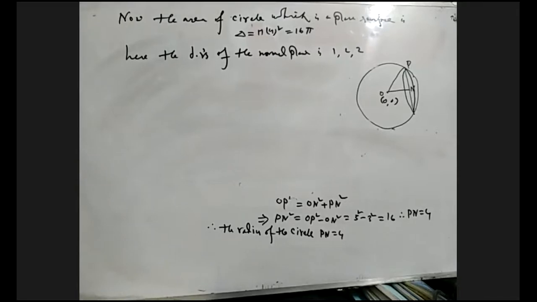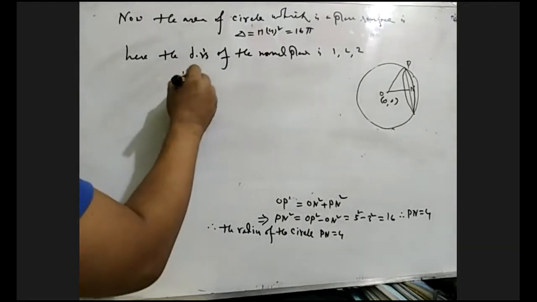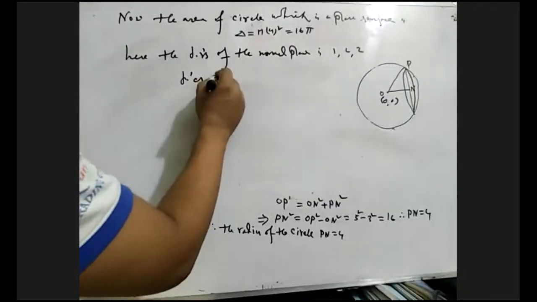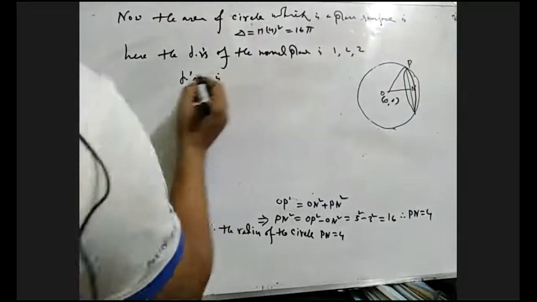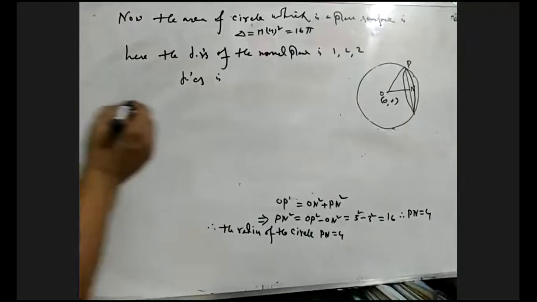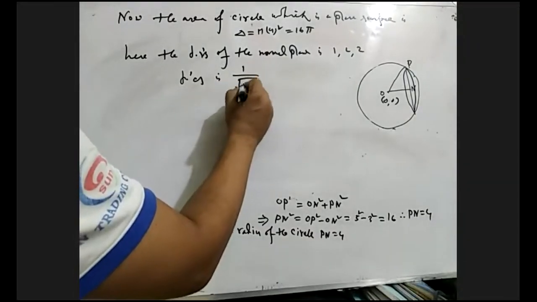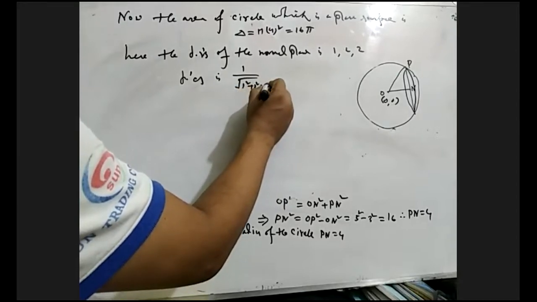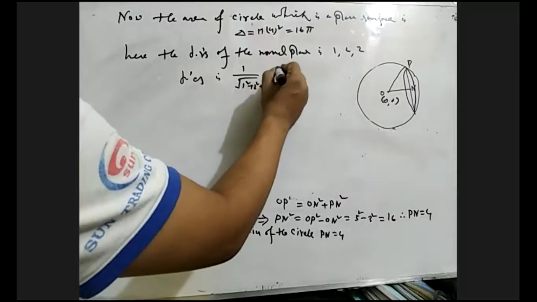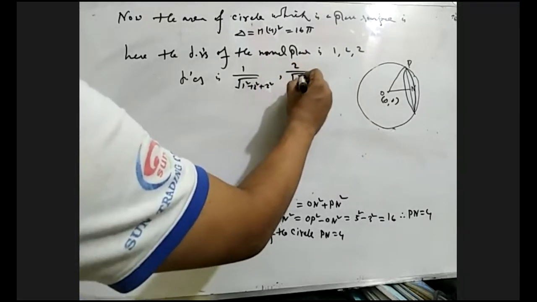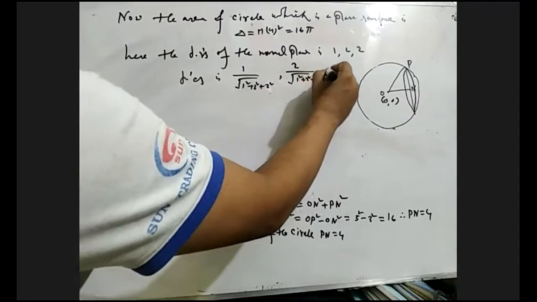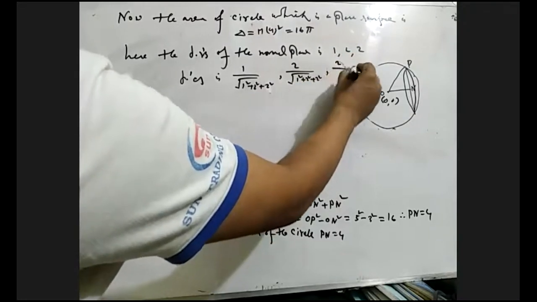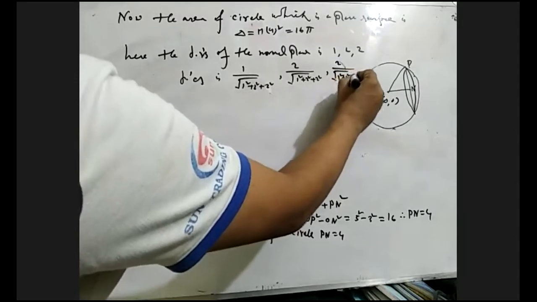So the direction cosines will be 1 divided by root over 1 square plus 2 square plus 2 square, 2 divided by root over 1 square plus 2 square plus 2 square, and 2 divided by root over 1 square plus 2 square plus 2 square.